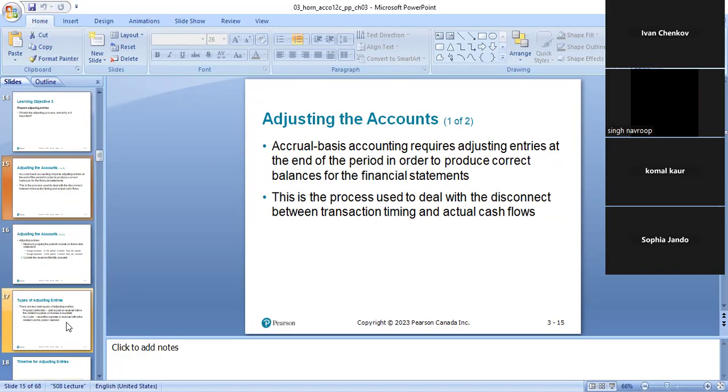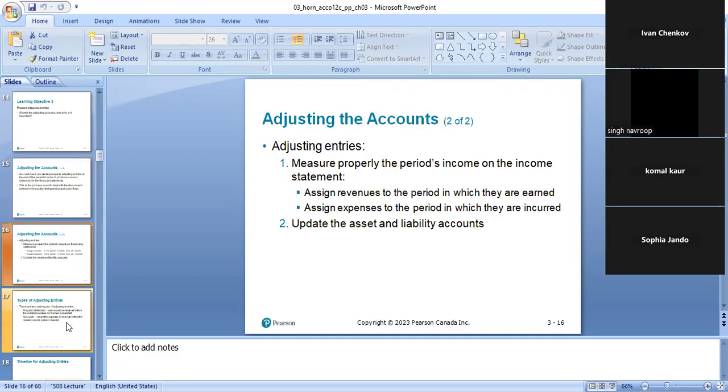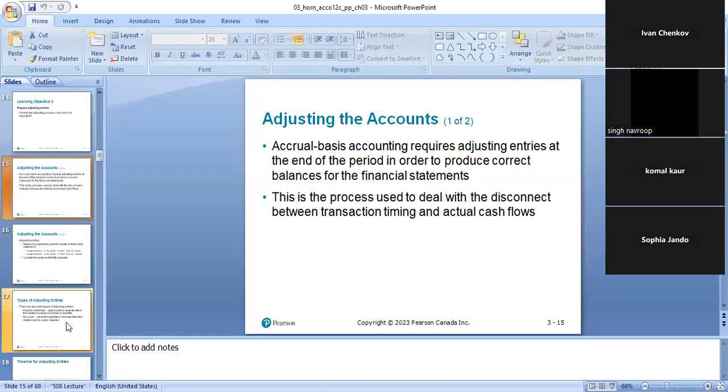And accrual basis accounting is going to produce the correct financial statements, which show us the revenue and expenses in the same period, and we can evaluate the company. Is the company generating income or not? And that's where I'm going to stop. The remaining of the chapter, we're going to cover next time in person.